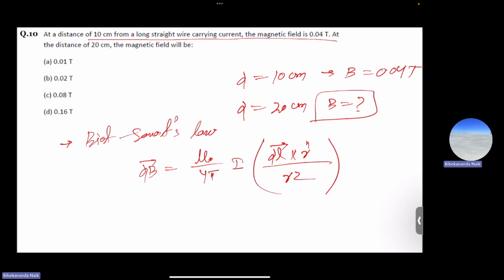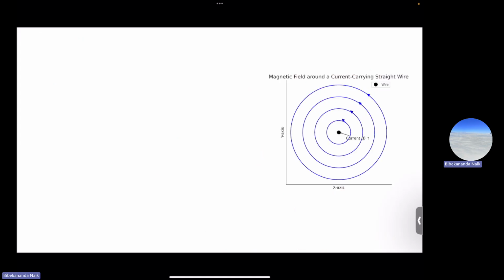Here I is the current flowing, mu 0 is the permeability of free space, whose value is 4 pi into 10 to the power minus 7 Henry per meter, and r is the distance from the wire.